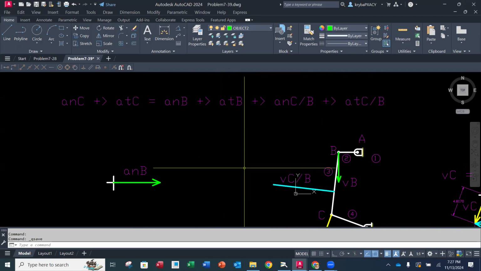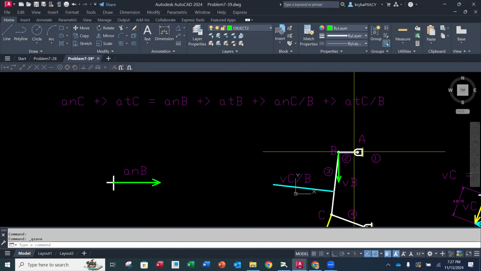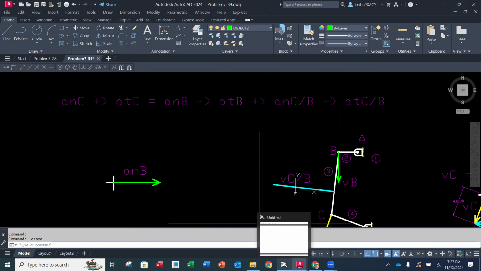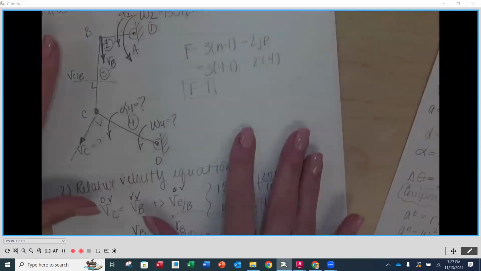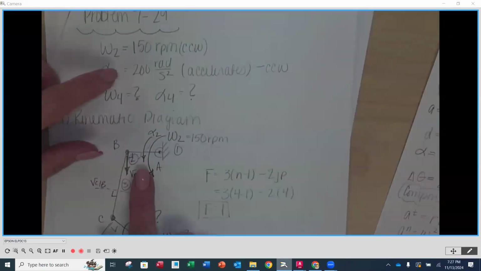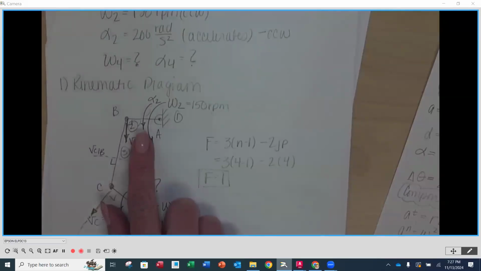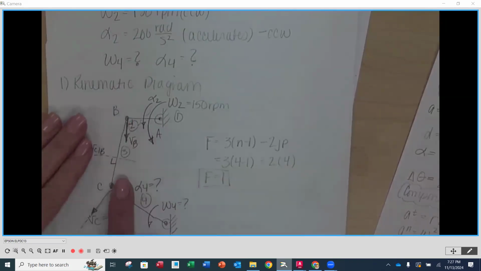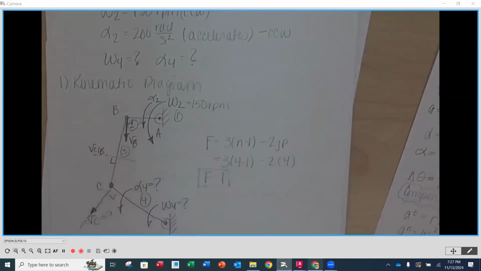Now the tangential we know is going to be perpendicular to that link in the direction of angular acceleration. So if we look back at the problem underneath here, it told us that this was accelerating. So it was speeding up. So that means that our angular acceleration is going in the same direction as rotation or motion. So that means it's also going to point down, okay, perpendicular to that link.